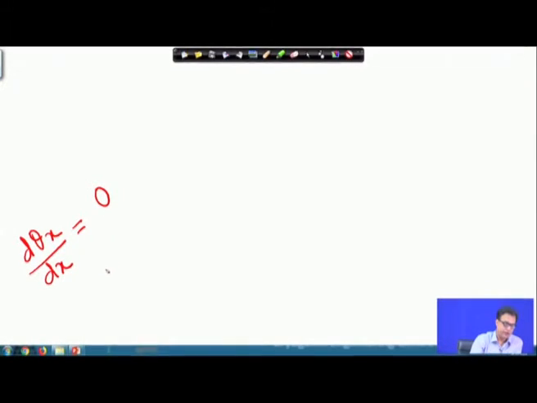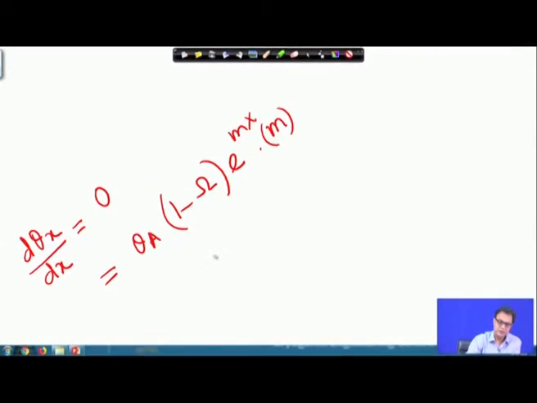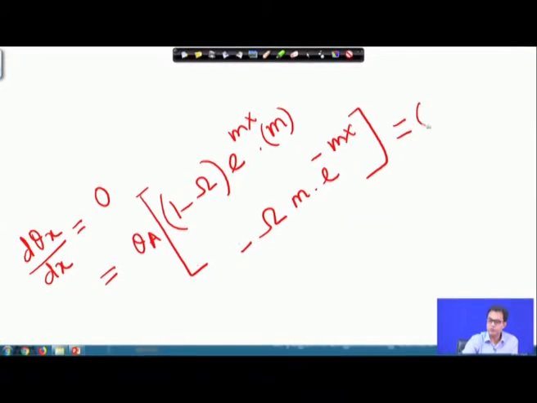So, this will lead to the situation that theta a into (1 minus omega) into e to the power m x, there would be another m here, then we will have minus omega into m into e to the power minus m x, and that has to be equated to 0.